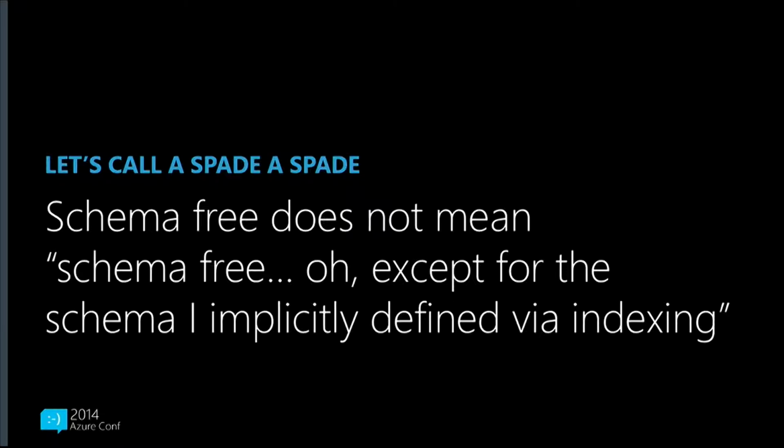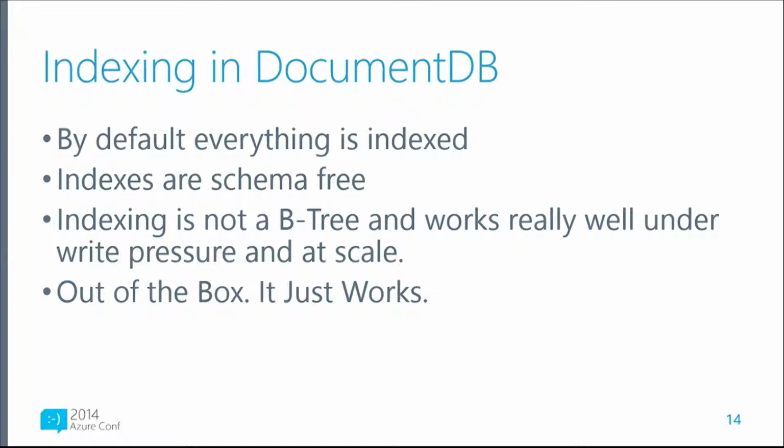And so I think it's super important to reinforce that with Azure Document Database, you get fully flexible schema-free indexing as well as schema-free data storage. So by default, everything is indexed. Those indexes are schema-free, so they do not mind what you put into your collection. There's a whole bunch of interesting magic that's come out of Microsoft research that's actually driving this indexing mechanism.